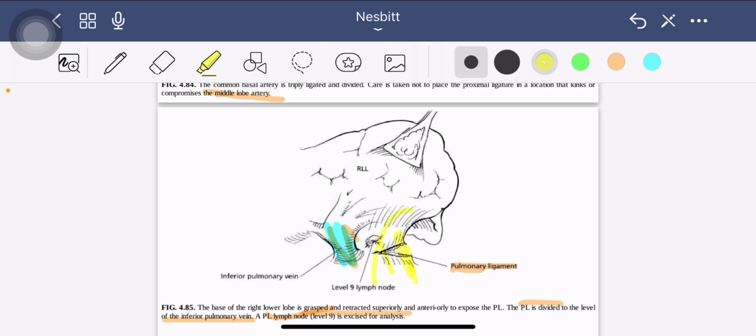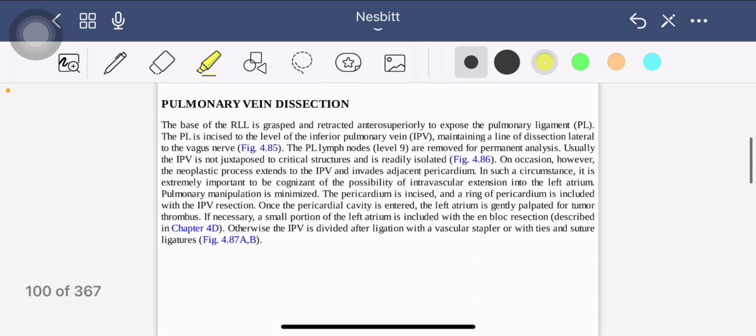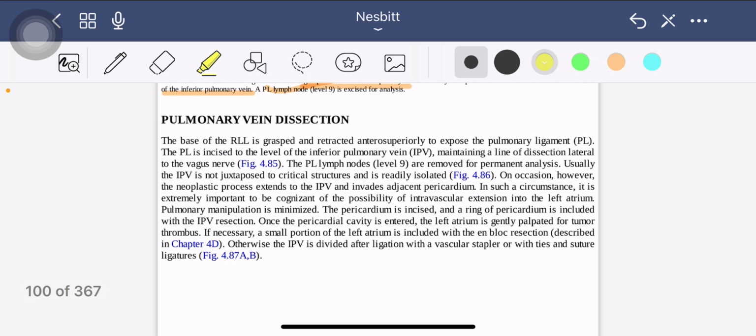So this is the inferior pulmonary vein, and this is the pulmonary ligament, which is incised up to the level of the inferior pulmonary vein. Station 9 nodes are here.